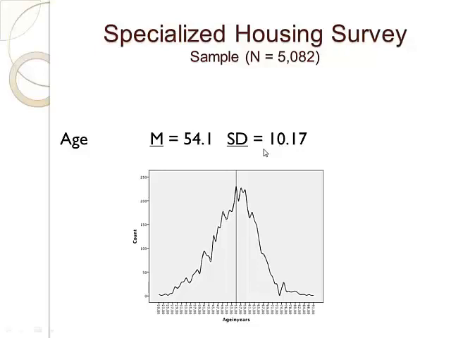So in other words, if we have a large enough sample, and here we can see that we have enough people that the data have begun to distribute in a fairly normal looking bell curve, and we know the mean and standard deviation, then we can make some assumptions and know some things about the data. We know that about 2/3 of the population are going to be between 44 and 64 years old.